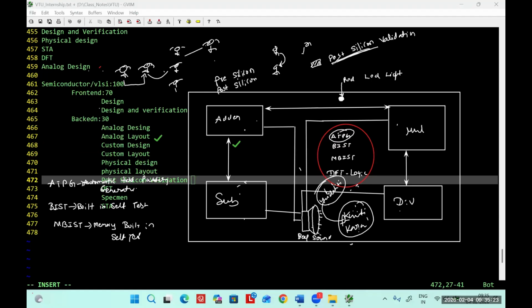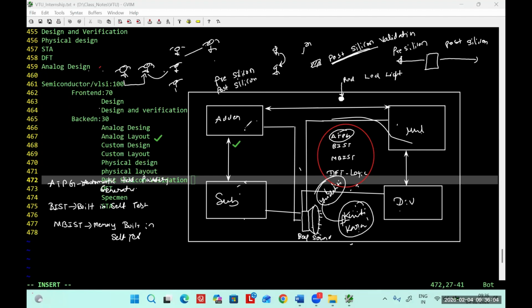What do you mean by silicon? Chip. Is checking the chip done after the silicon or before? After the chip, so it is post silicon. Whatever work is done before the chip is manufactured is called pre-silicon. After that, whatever you do is post-silicon.